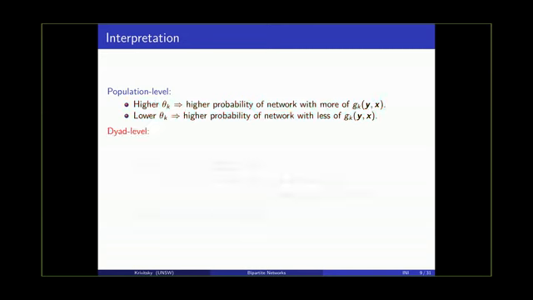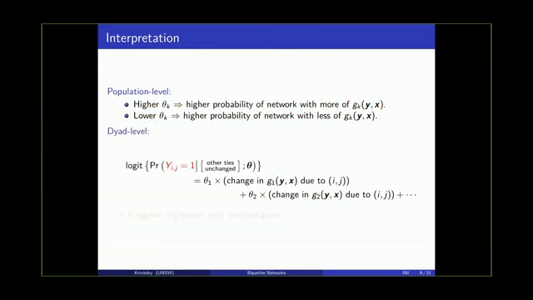There's also a dyad level. That is, there's a low-level interpretation as well. If we look at the probability of a relationship, given the rest of the network held fixed, right, because the relationships can't depend on each other, like a friend of a friend becomes a friend, but if we condition, it turns out that it falls apart into this form, which is theta 1 times the change in the network feature due to changing that one relationship, ij, that we're looking at, plus theta 2 times the same thing for G2, plus all the others, which gives us something that actually resembles logistic regression.